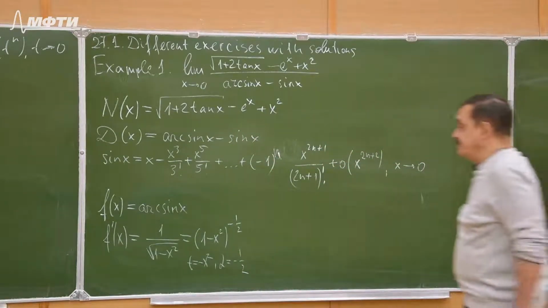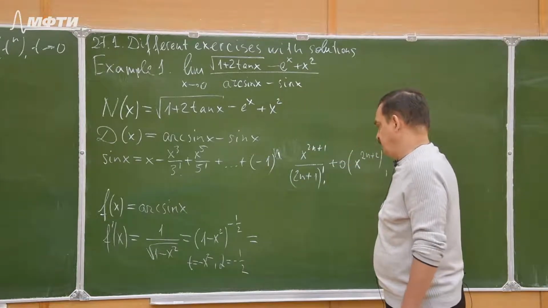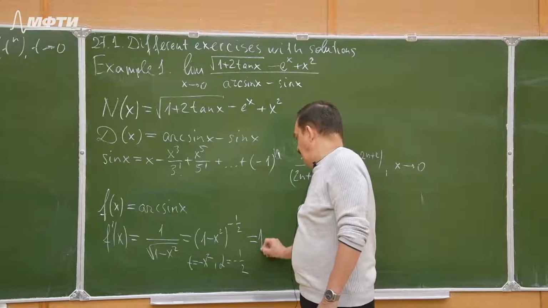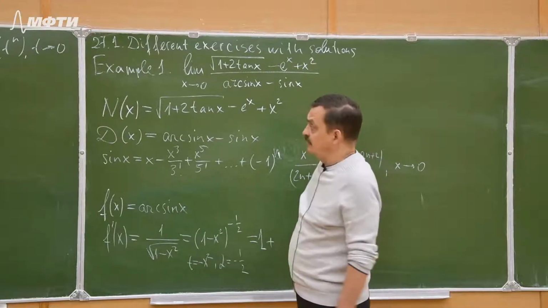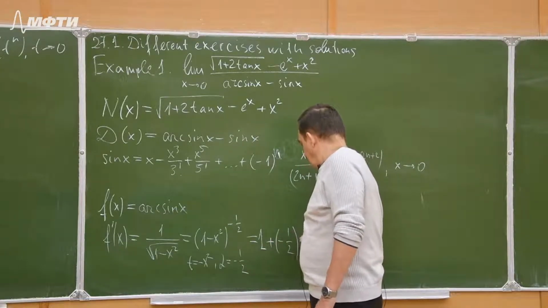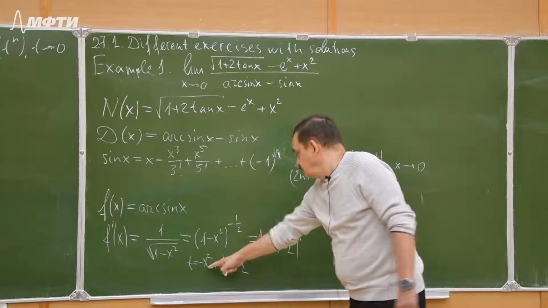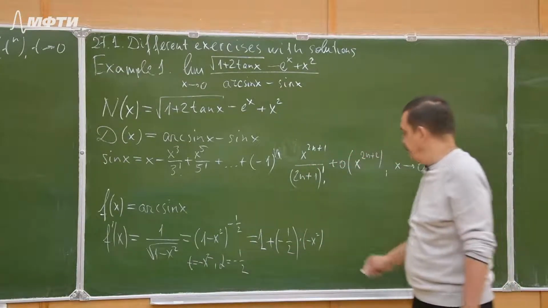It gives the expansion of the following kind. So 1, let's substitute, plus alpha, which is minus 1/2, times t, which is minus x squared, first term.